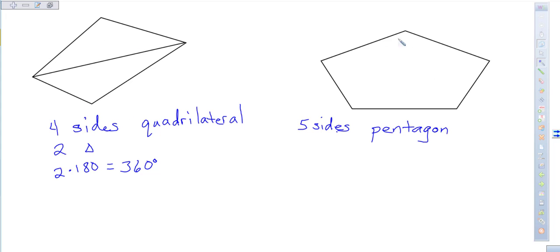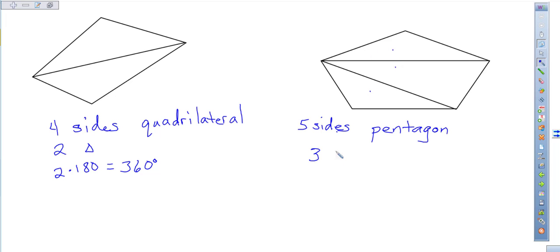Okay. Then in a pentagon, again, I start by drawing in those diagonals. From that same point I started at, go to another vertex. There we go. That one's consecutive, and so is this one, so that's all I can do. And here I've got 3 triangles.